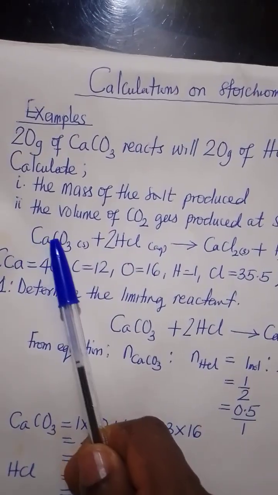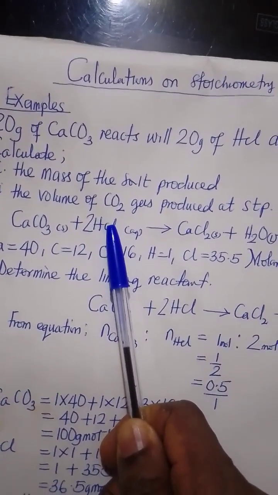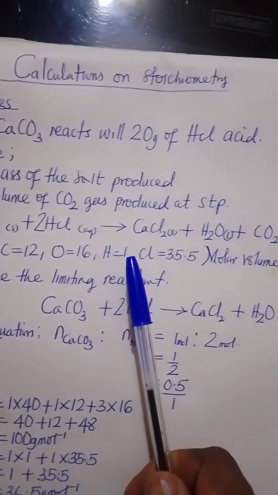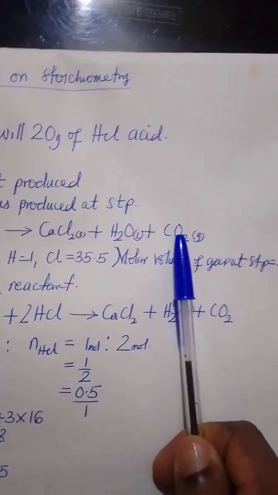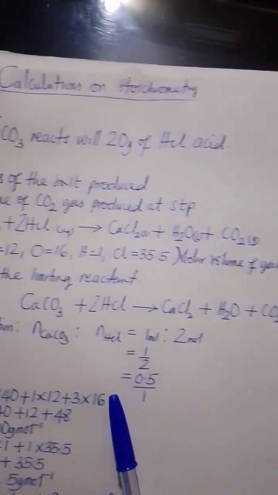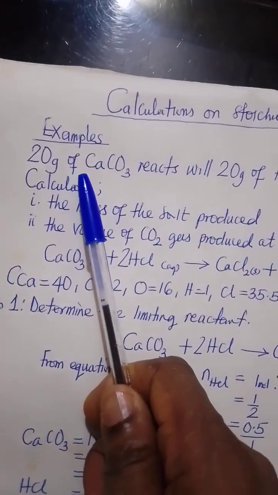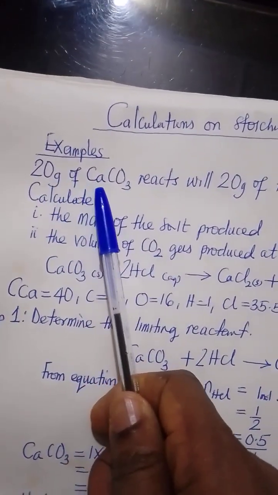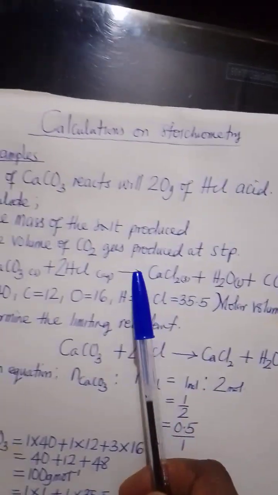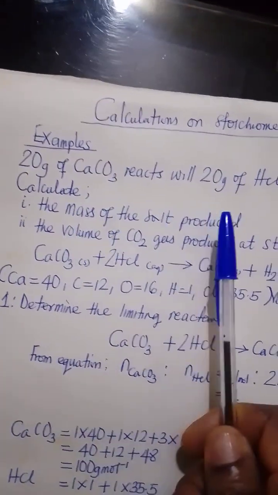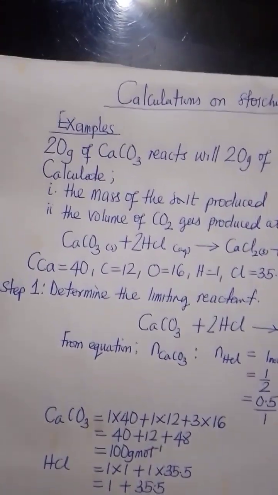So CaCO3 and HCl are the reactants, while CaCl2, H2O, and CO2 are the products. Now, if you check the question properly, we are given 20 grams of CaCO3 and 20 grams of HCl. When you are given values for two reactants, it becomes a problem because we do not know which to actually use.